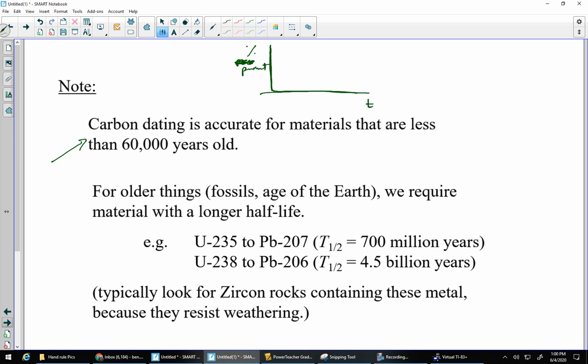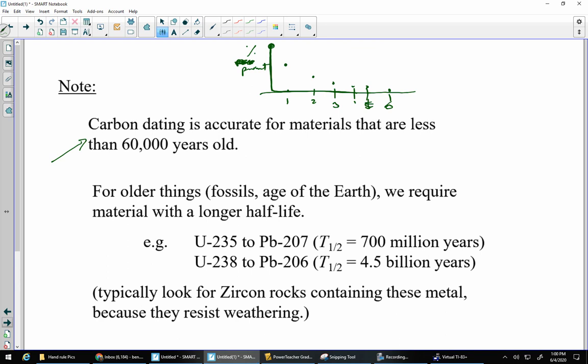Well, after 1 half-life, starting with 100%, I'd have half as much. After 2 half-lives, a quarter as much. 3 half-lives, 4 half-lives, 5 half-lives, 6 half-lives, and so on. Do we ever actually reach 0?